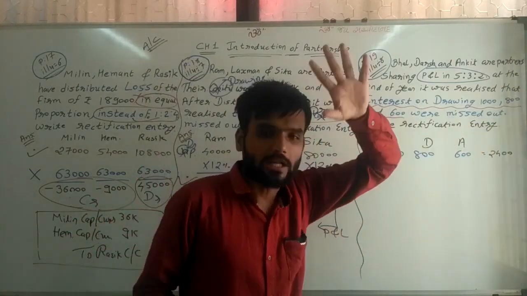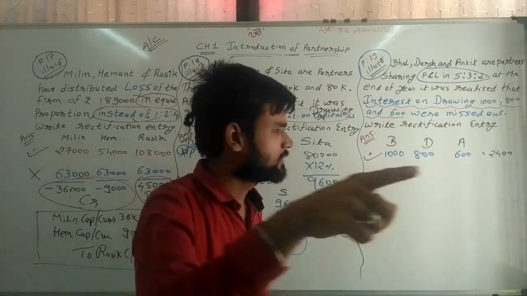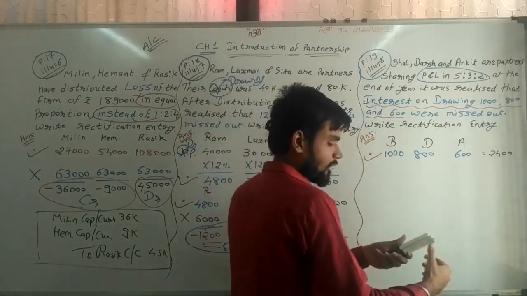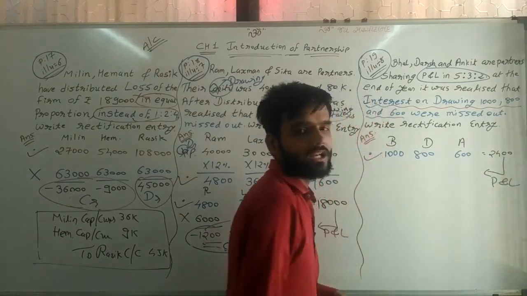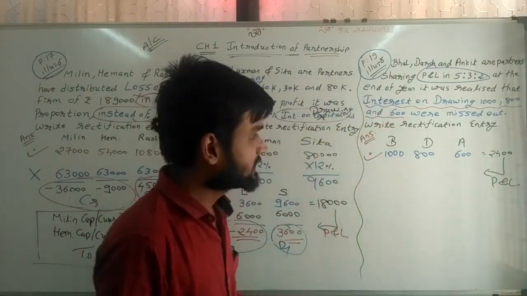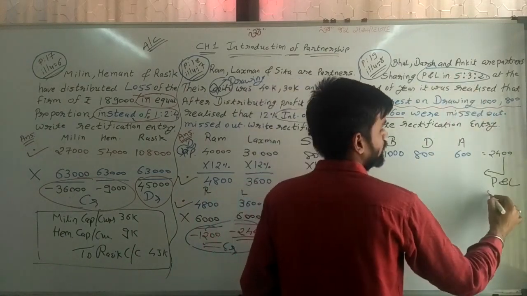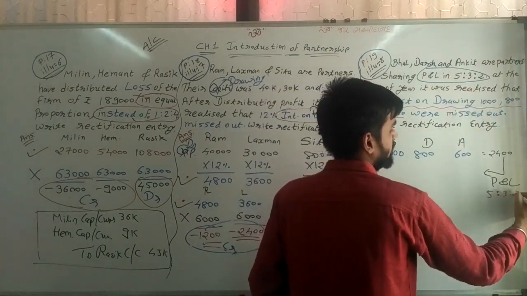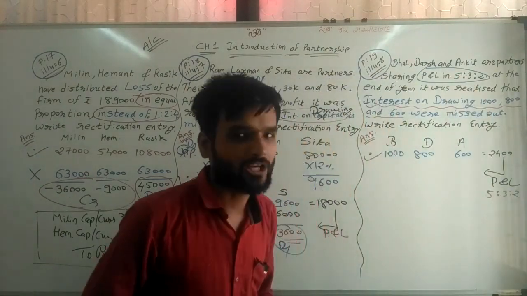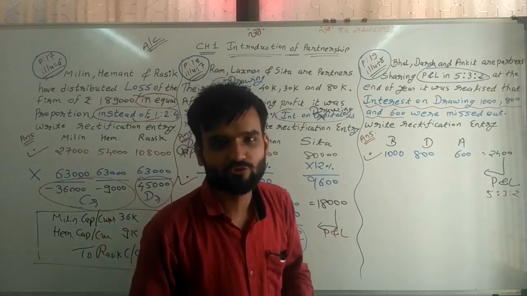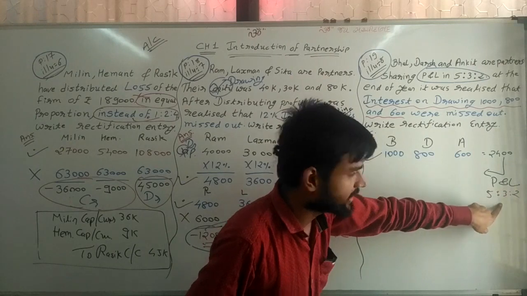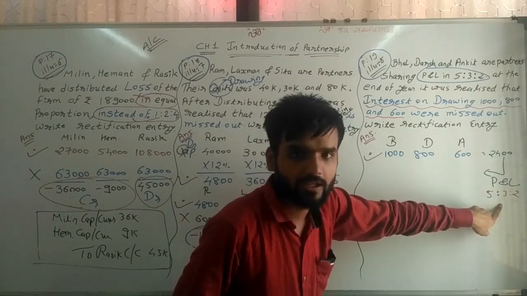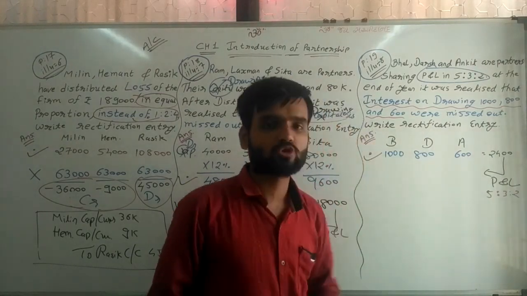Now write rectification entry. What is our rule? Sir, write correct, make total of this and distribute it in P&L proportion. Sir, P&L proportion is given, 5:3:2. Here we cannot find equal ratio, and that's why this 2400 we are distributing in 5:3:2 proportion.